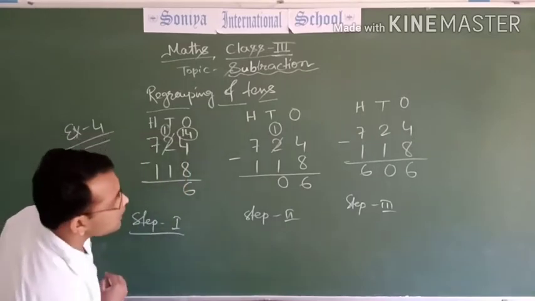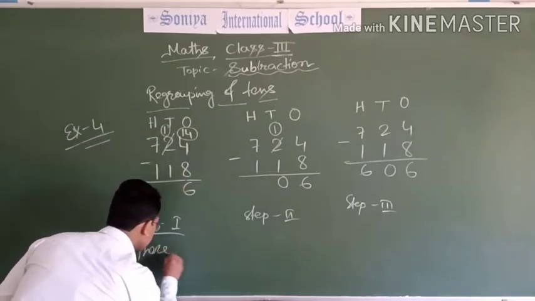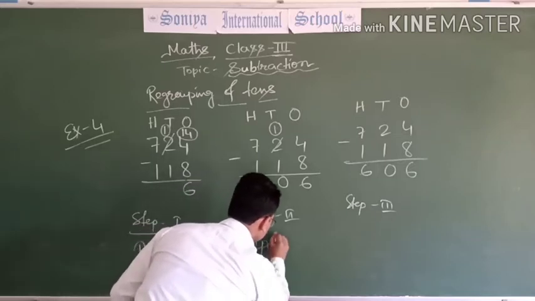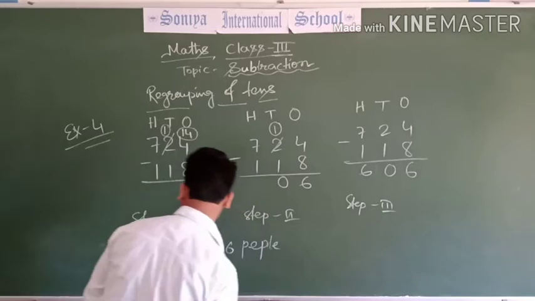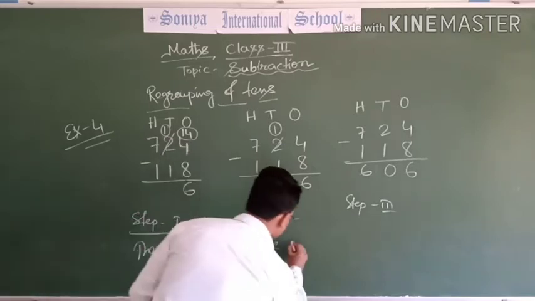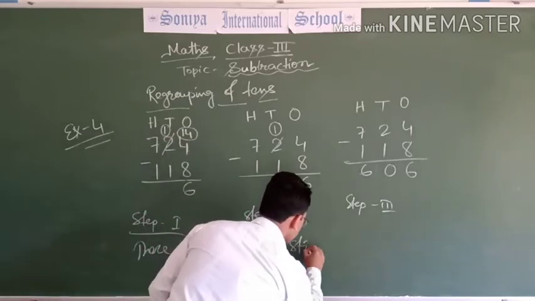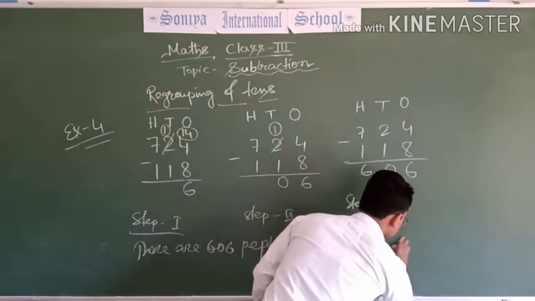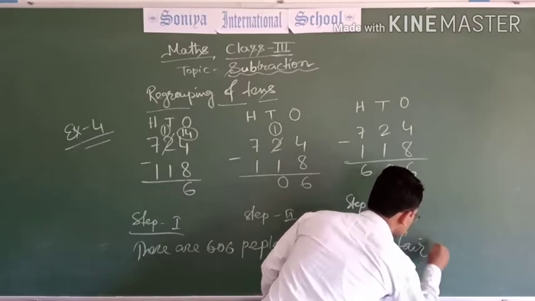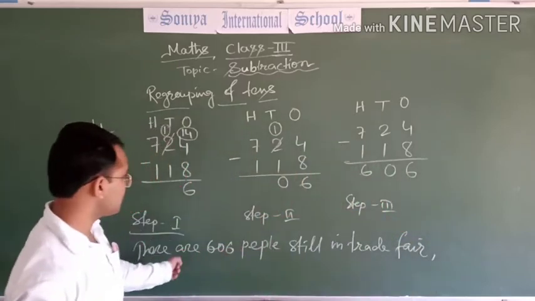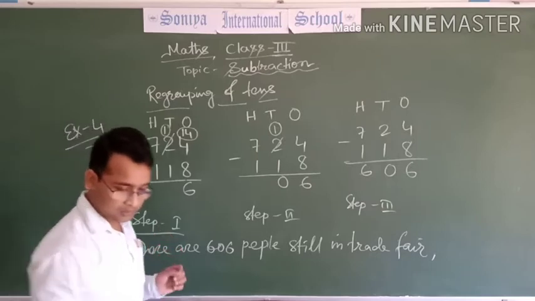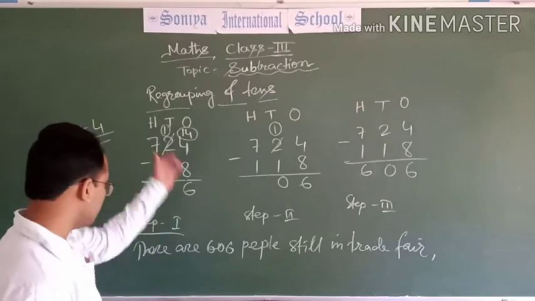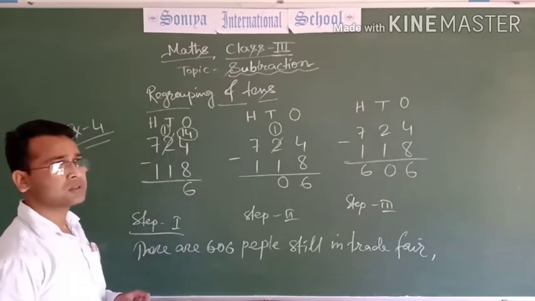So there are 606 people still in the trade fair. Is that clear? So that was regrouping of tens. I hope you understood regrouping of tens.